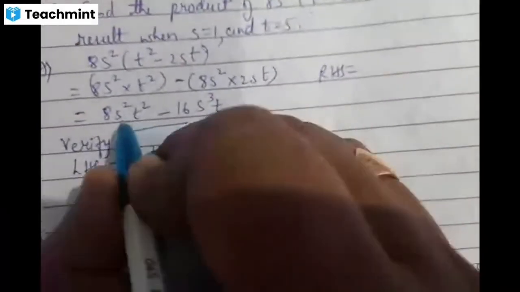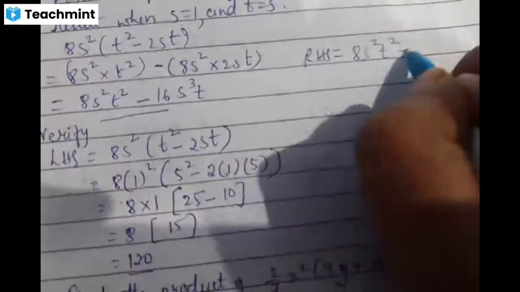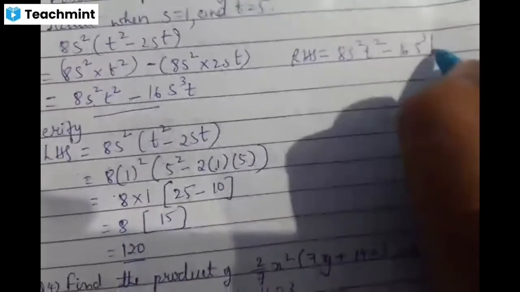RHS is what we have got as the answer, 8s²t² minus 16s³t.